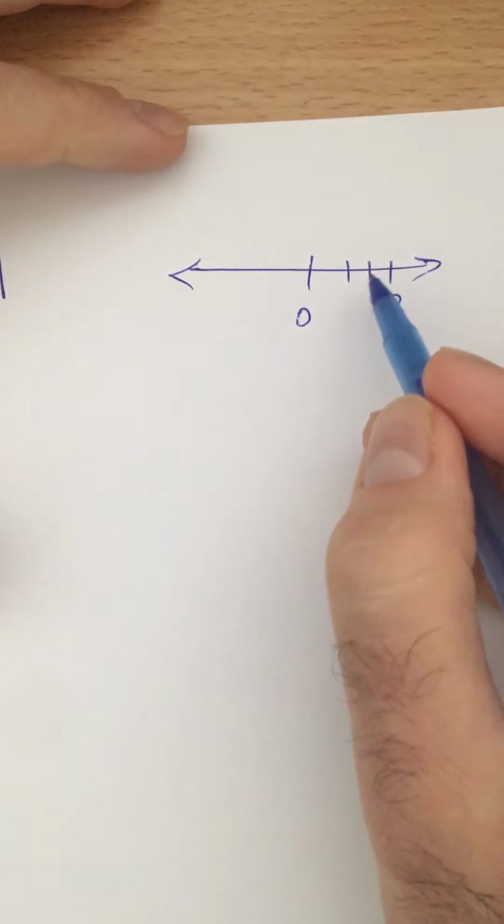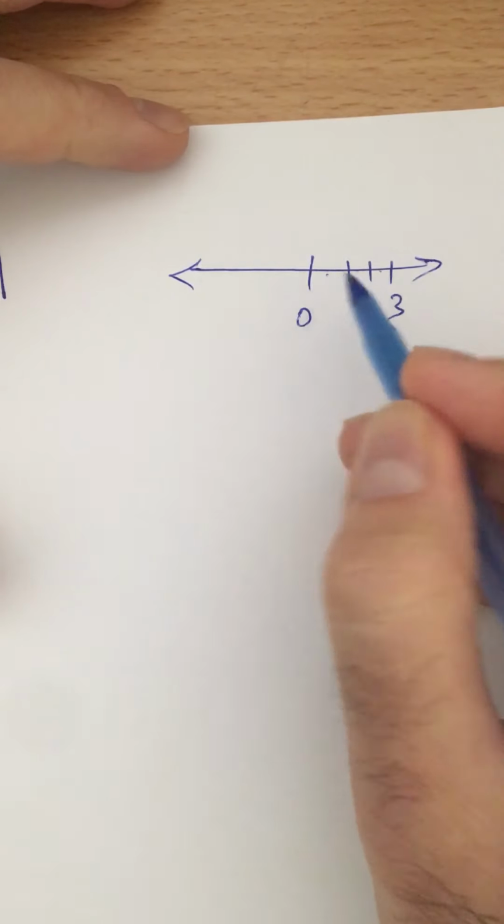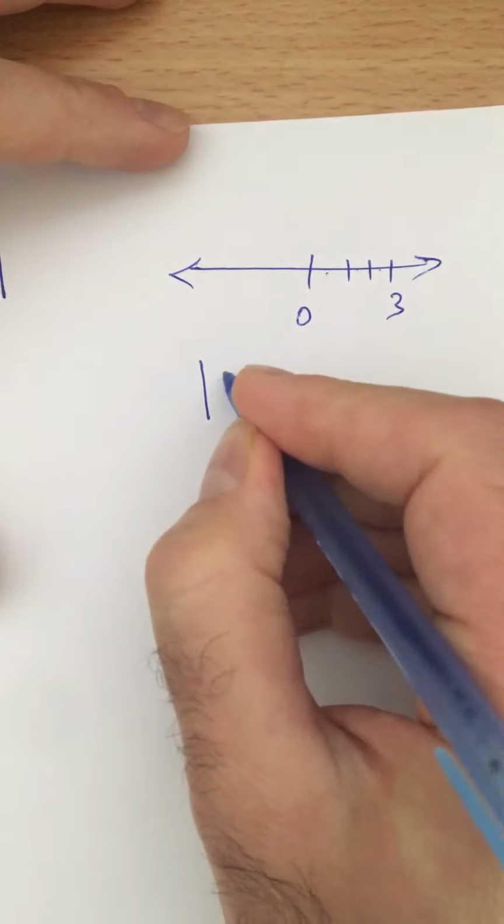We'll count the spaces. 1, 2, 3. So the absolute value of 3 is 3. It's 3 spaces away. What's the absolute value of negative 3? Again, how many spaces is it away from 0? 1, 2, 3. So the absolute value of negative 3 is also 3, because you're measuring distance, counting how many spaces, so it's always positive. That's why absolute value is always positive.